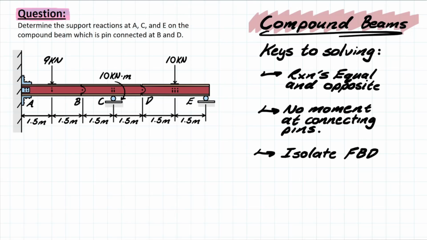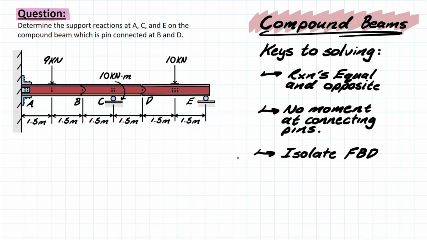Typically, this would be considered an indeterminate beam if these connections were not here, because we have a fixed connection and two supports, meaning 5 unknowns, but only those 3 equations we were talking about earlier. However, this problem is going to show us why these pins are so important, which allow us to solve problems like this. So in order to explain that, we should probably hop into the problem.